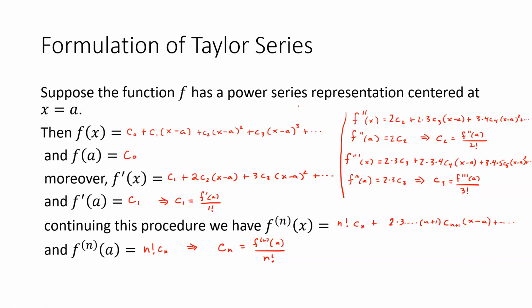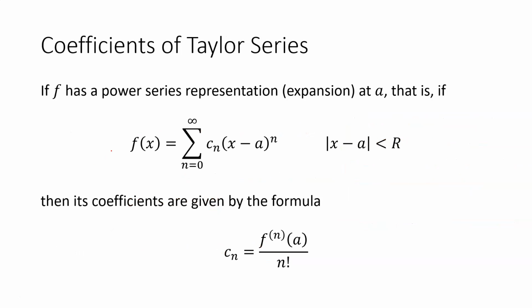So all we've really done is show that for the power series representation of a function, all the derivatives at a are equal to the derivatives of f at a. And so here we've got the formula for finding the coefficients of our Taylor series.